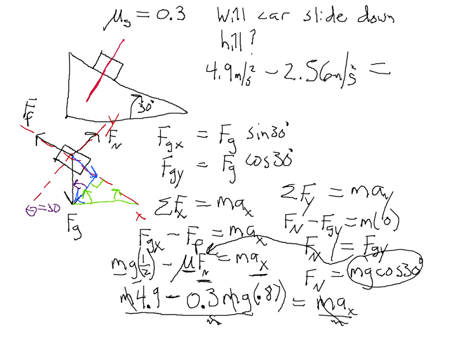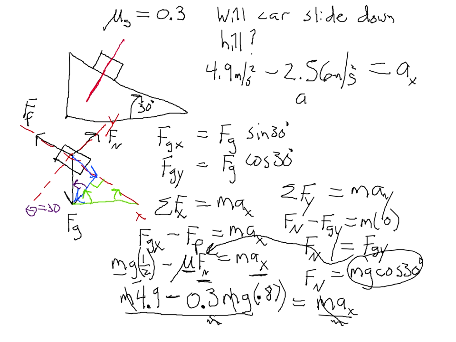That is equal to AX. 4.9 minus 2.56 is equal to 2.34.